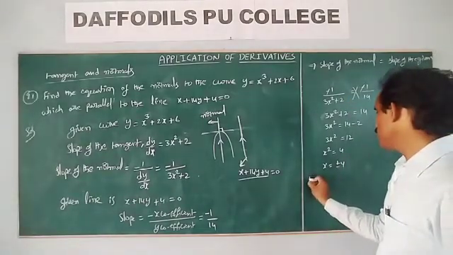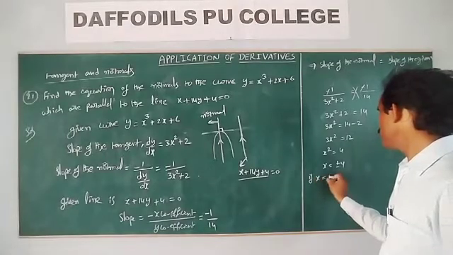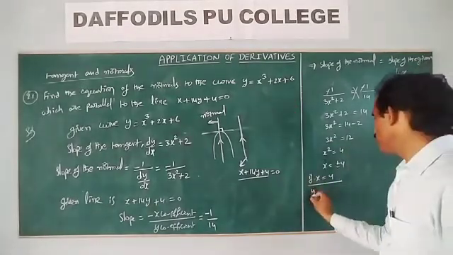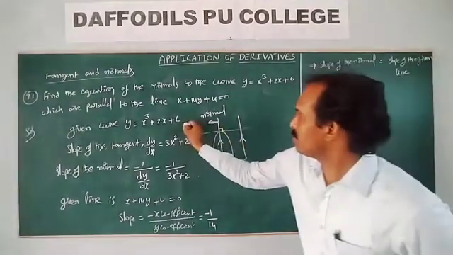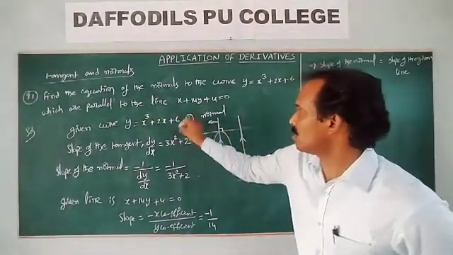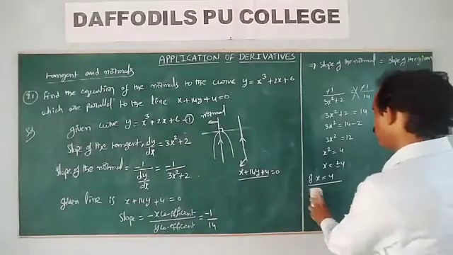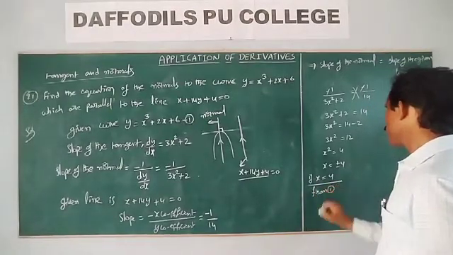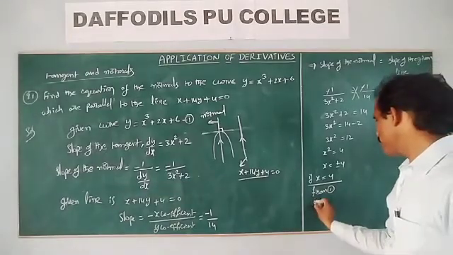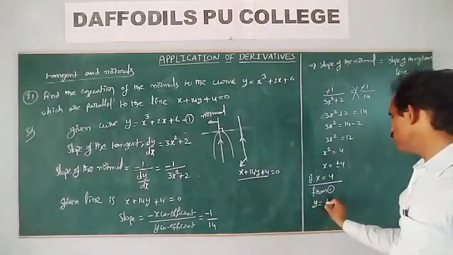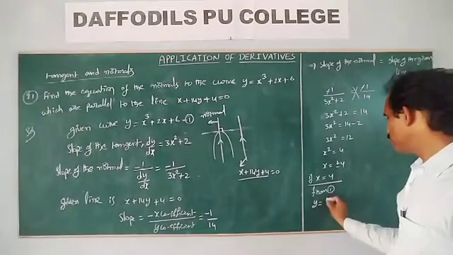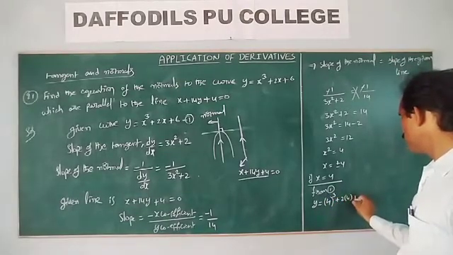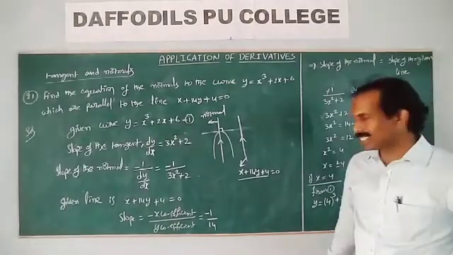So if x is equal to plus 4, from this curve, let it be equation number 1, y is equal to 4 cube plus 2 of 4 plus 6.